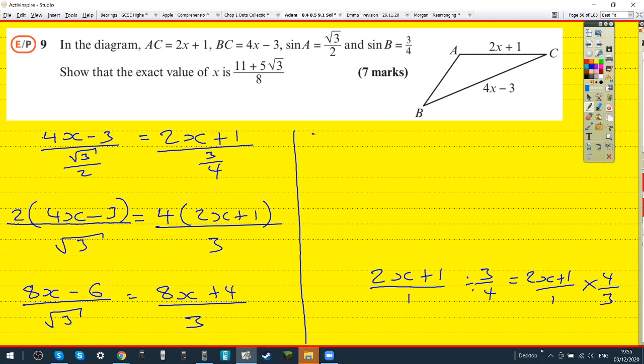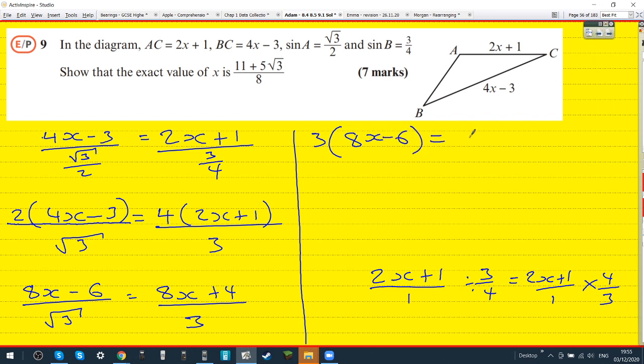So on the right side, 3 times (8x plus 4). Root 3. Okay, it's a bit confusing. What's next?